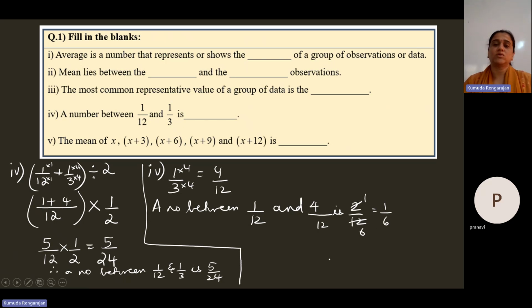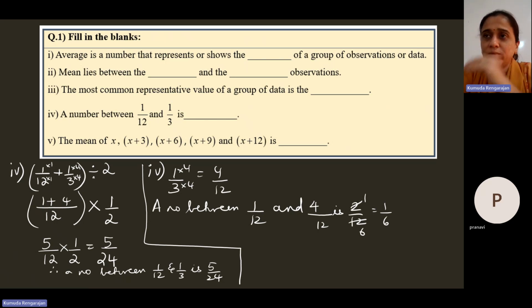You can do it like this also. You can bring both the fractions to the same denominator. The LCM of 3 and 12 is 12. So let 1 by 12 remain 1 by 12, and the equivalent of 1 by 3 is 4 by 12. Now both the fractions have the same denominator.